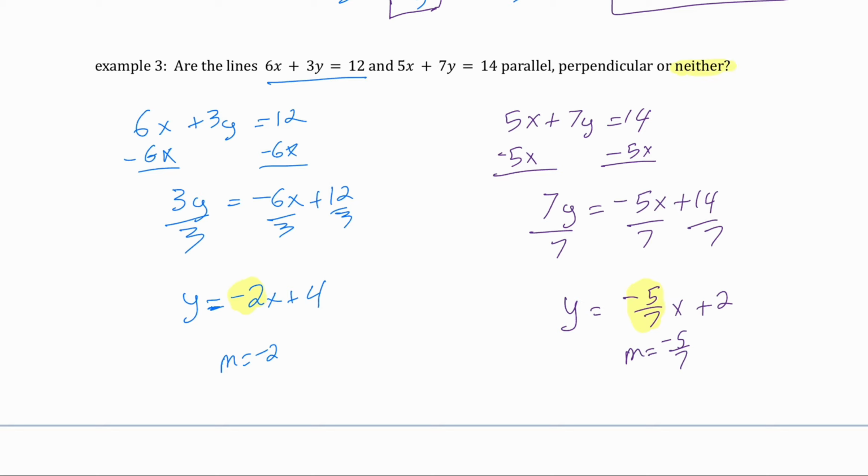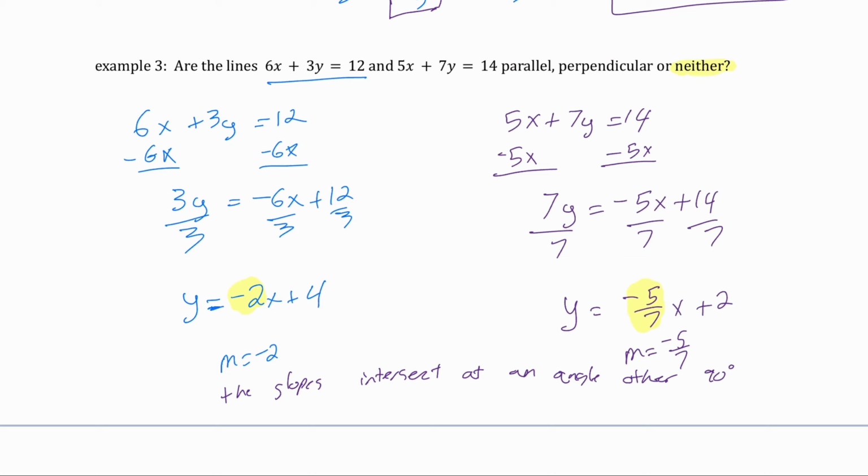So we're going to say the lines intersect at an angle other than 90 degrees and are not parallel.